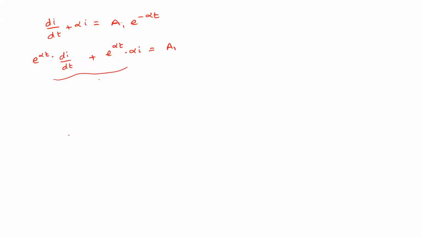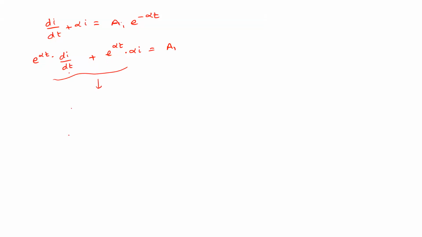So now if you observe carefully, what is this term? e to the power of alpha t into di by dt, e to the power of alpha t into alpha I. So what is this exactly? Derivative of I into e to the power of alpha t.